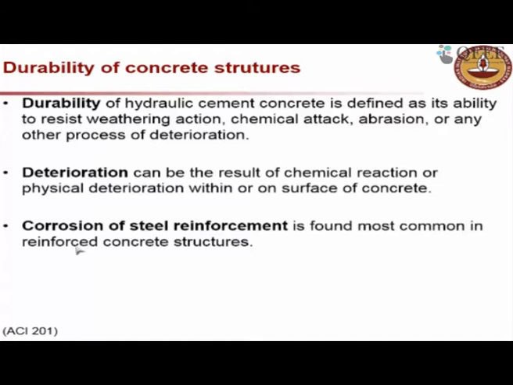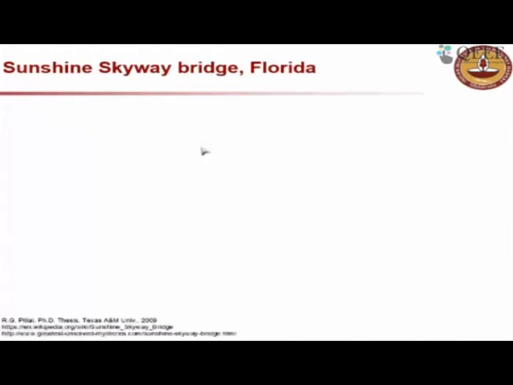Corrosion of the reinforcing steel is considered to be one of the most common deterioration mechanisms. That is why we are going to focus more on that mechanism in part 1. The chemical attack, abrasion, all that will be covered in part 2 of this course.